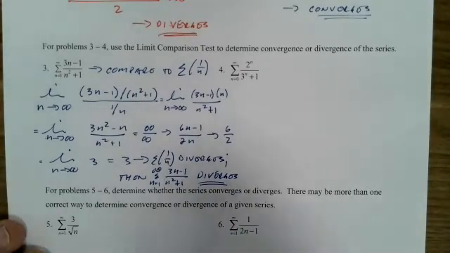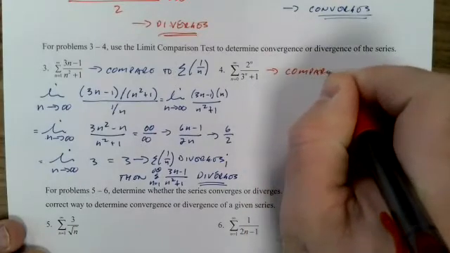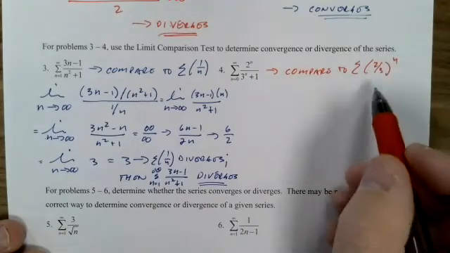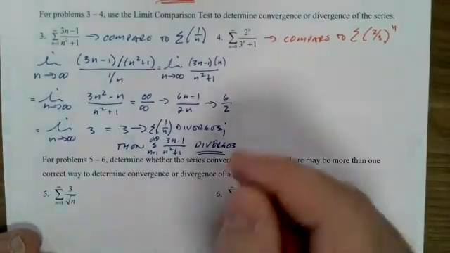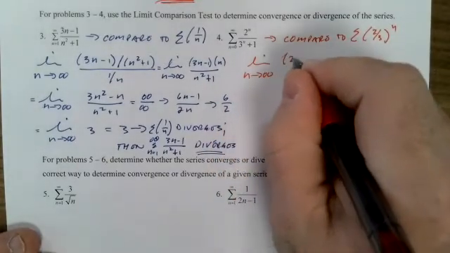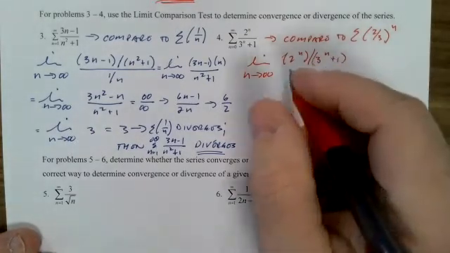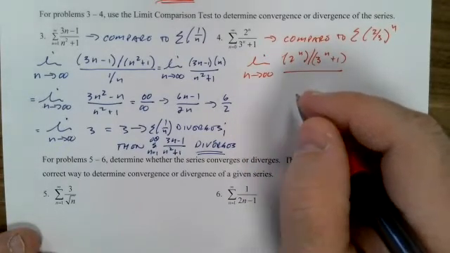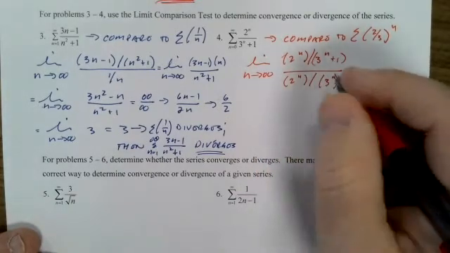Yeah, no, I agree. It's kind of a complete and total nightmare. So let's compare this to the sum of 2/3 to the n, which we know converges, it's geometric. Limit as n goes to infinity, 2 to the n over 3 to the n plus 1. I'll write this out because I think it might be easier to understand that way.